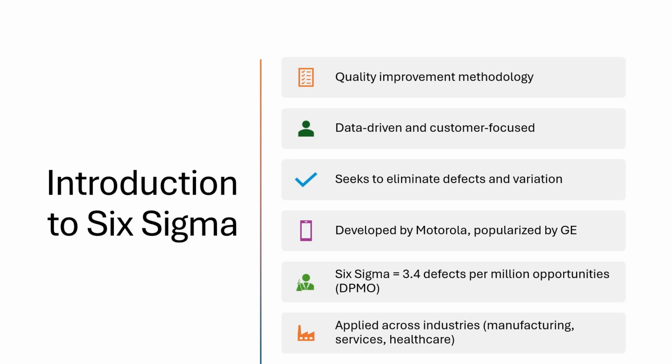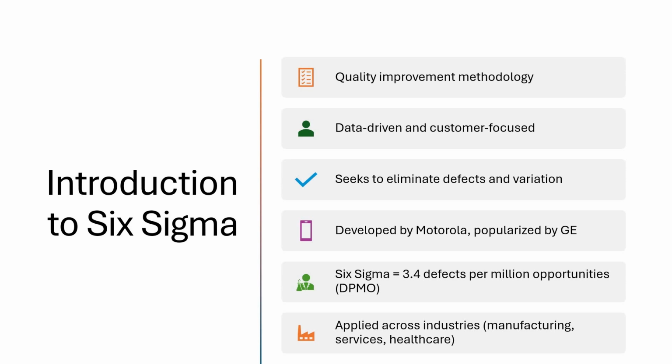Six Sigma provides a structured framework using methodologies like DMAIC, which stands for Define, Measure, Analyze, Improve, and Control, and that helps to go ahead driving continuous improvement. That's the first point. It is a quality improvement methodology.